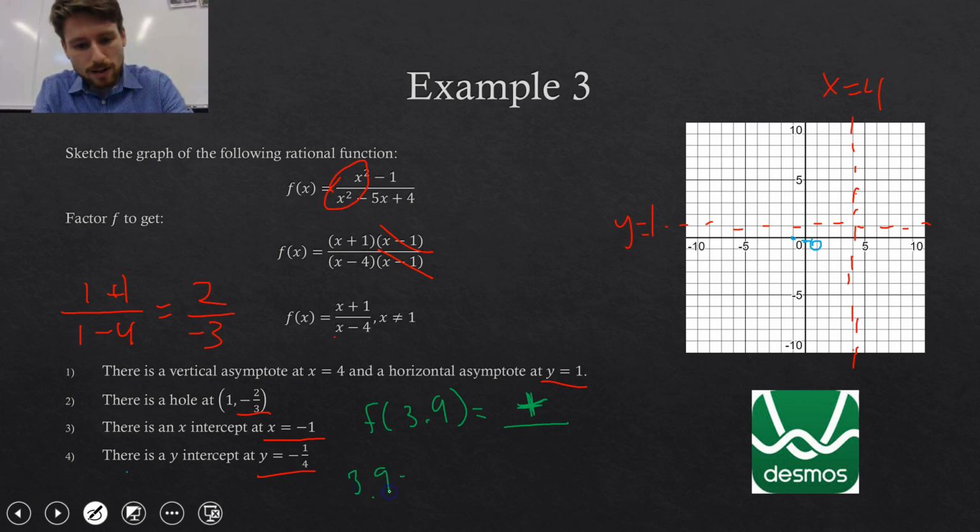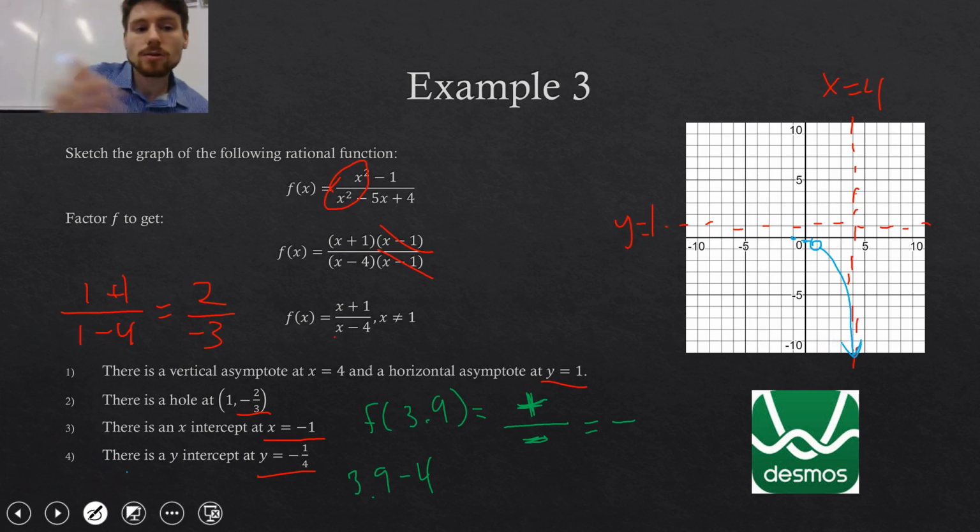Well, that's a negative number because 4 is more than 3.9. So we have a positive over a negative, and that overall is a negative. So I know for a fact that this is going down to negative infinity as I approach that asymptote from the left. 3.9 is just to the left of 4.